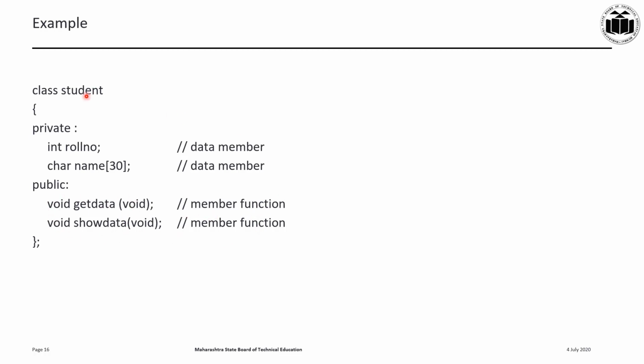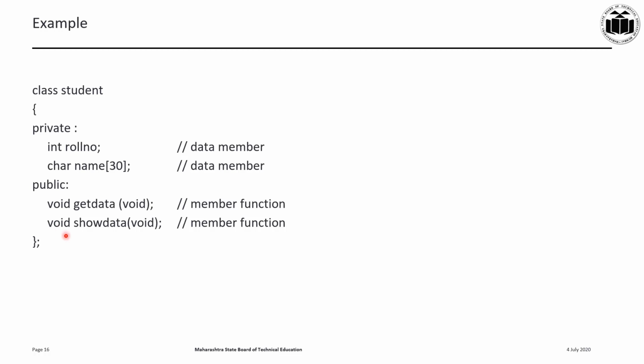So the class is student, then private, colon, then int roll number, char name, then public again, colon, void is the return type, get data is the member function name and it takes void arguments.